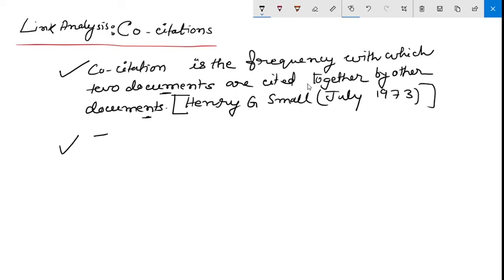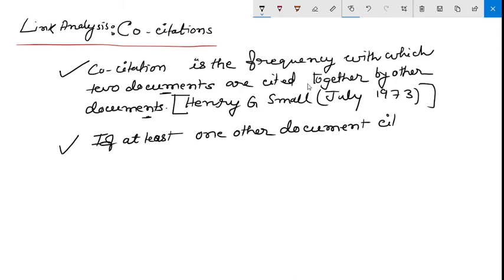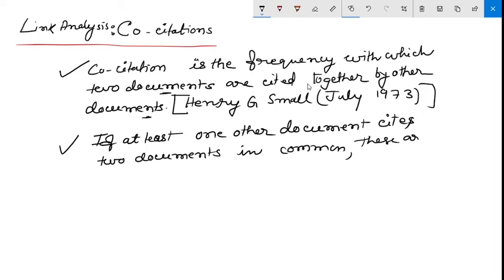Second point is, if at least one other document cites two documents in common, these are said to be co-cited.